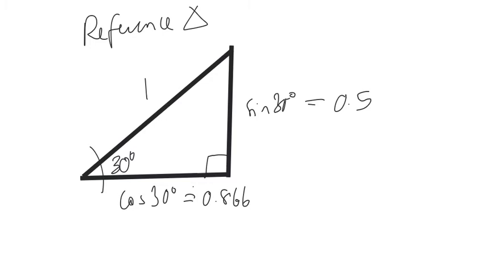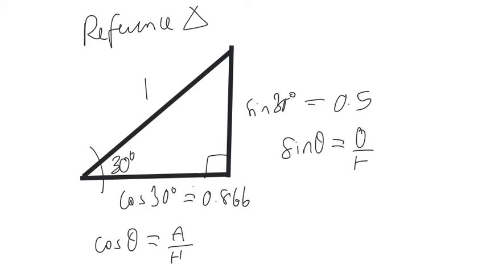So the cosine, let me just write this out here. So the cosine of an angle is really defined as the adjacent side divided by the hypotenuse. And likewise, the sine of an angle is defined as the opposite side length divided by the hypotenuse.